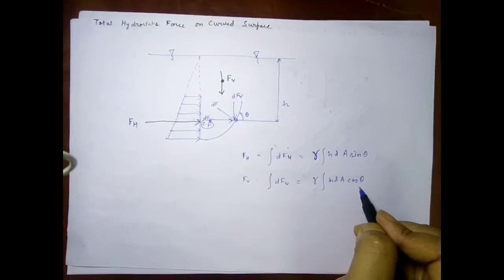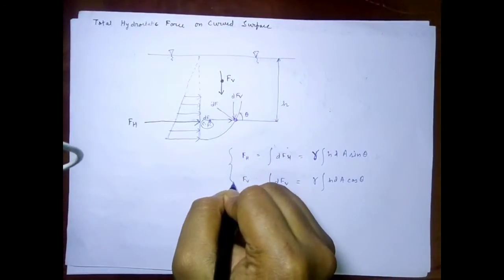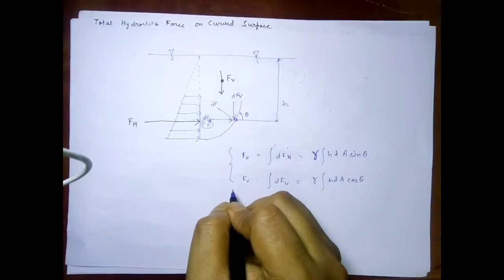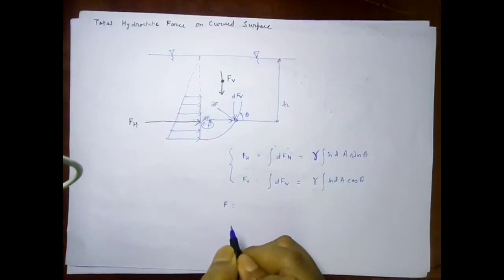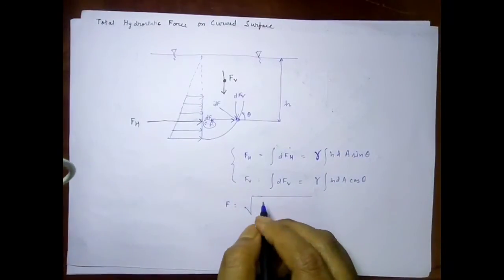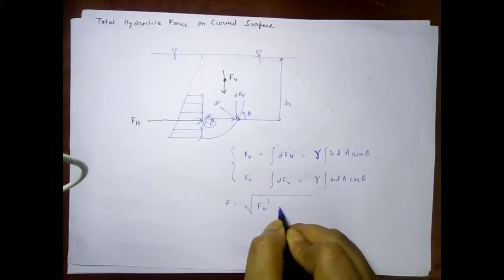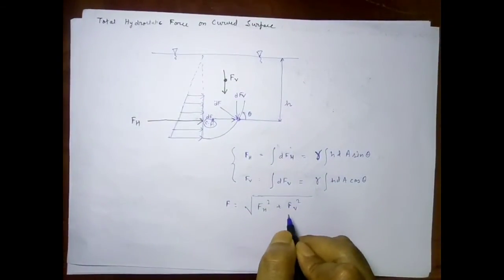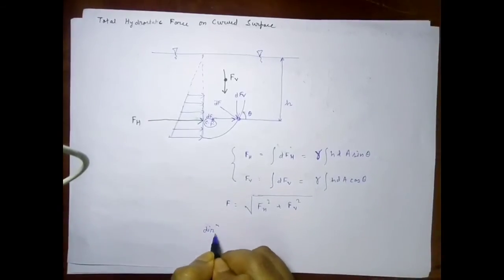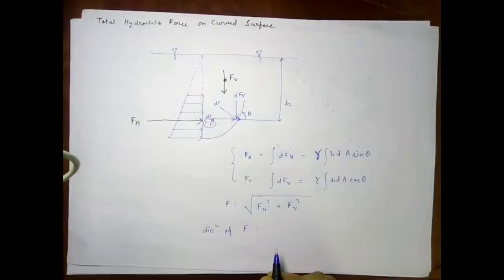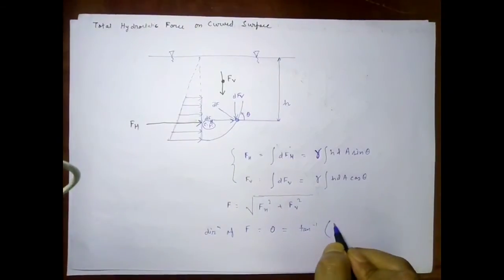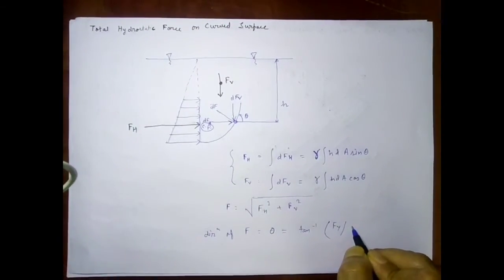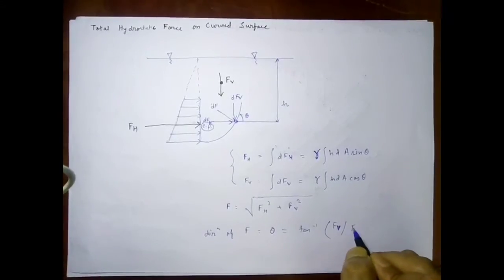So we can also use the previous methods for finding the horizontal and vertical force, and the total or resultant force will be square root of Fh square plus Fv square, simple vector law, and the direction of F will be given by theta equal to tan inverse of Fv upon Fh.